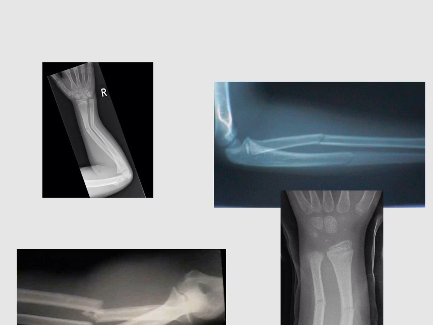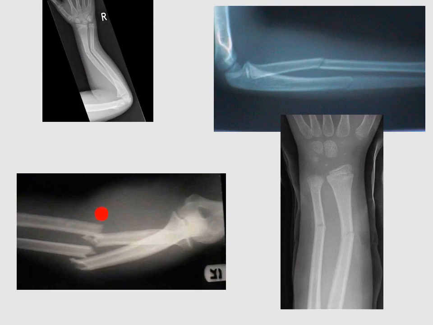As usual in fractures, X-ray is the diagnostic imaging, and in X-ray we can see both bones broken, either transversely in the case of direct trauma, or spirally or obliquely in the case of twisting trauma. Here we can see an oblique fracture, and this is a spiral fracture.